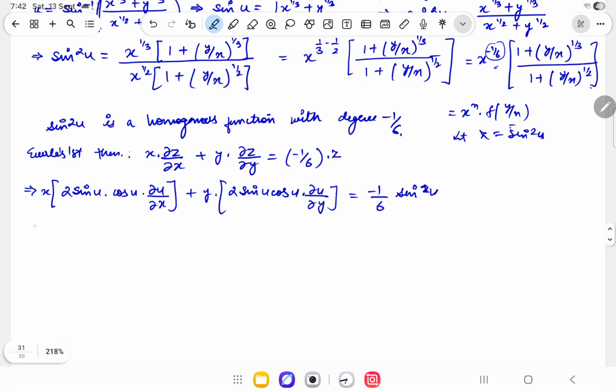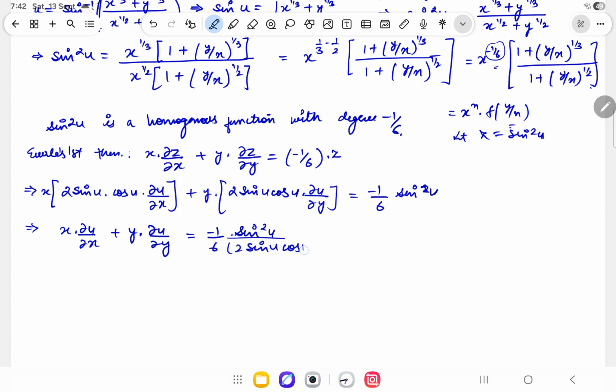So if I simplify it, I'll get x into del u by del x plus y into del u by del y is equal to minus 1 by 6 into sin²u divided by 2 sin u cos u. So this cancels this one, so it will be equal to minus 1 by 12 into tan u.